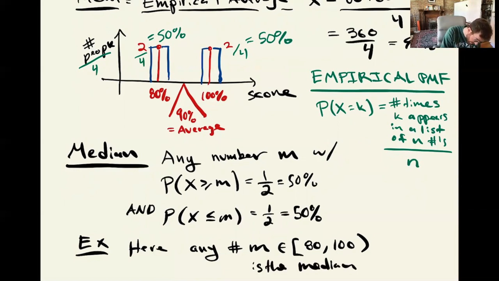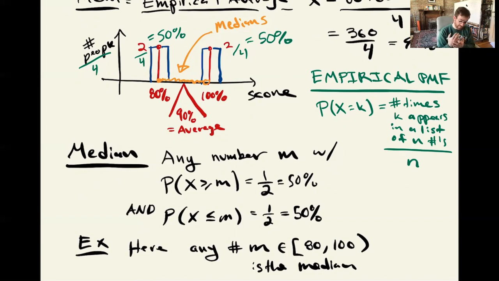So any number here is a median, right? Because the second I get up to 80, I can say, oh yeah, 50% of my class had an 80 or less, and 50% of my class had an 80 or more.